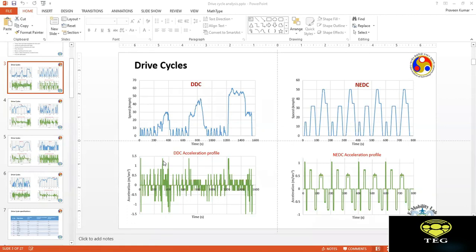The solution for European driving conditions might be different, and it definitely will be different if you look at just the drive cycle patterns.